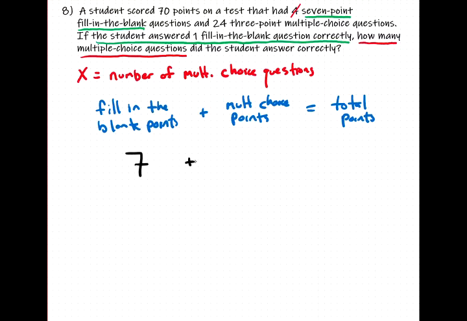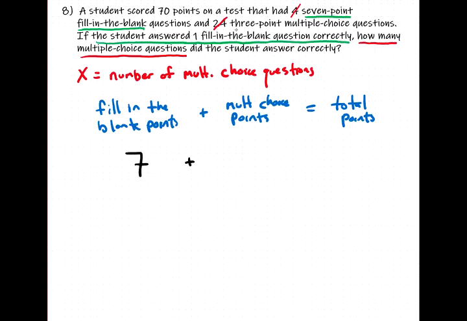And now, how many points are coming from the multiple choice questions? Well, continuing on in the problem, and 24 3-point multiple choice questions. So again, the fact that there are 24 of them doesn't matter. What matters is that they're worth 3 points apiece.